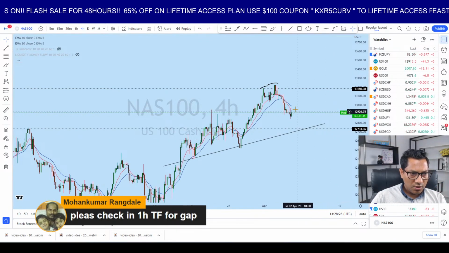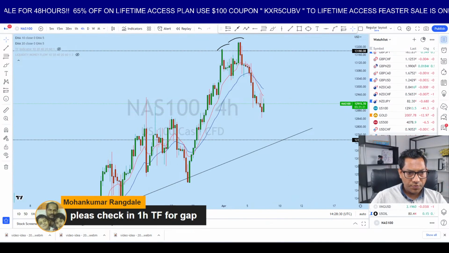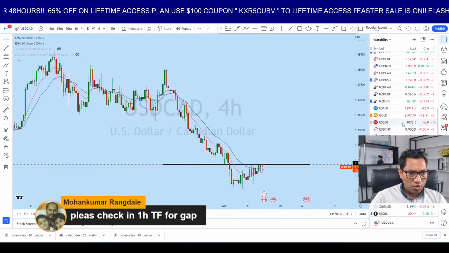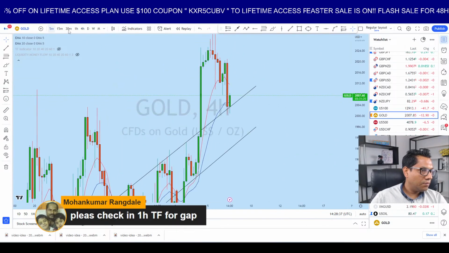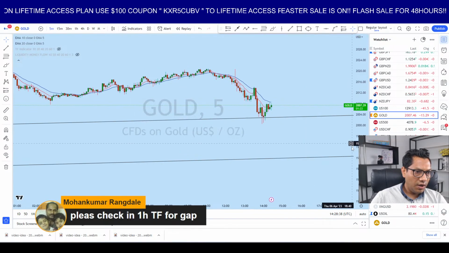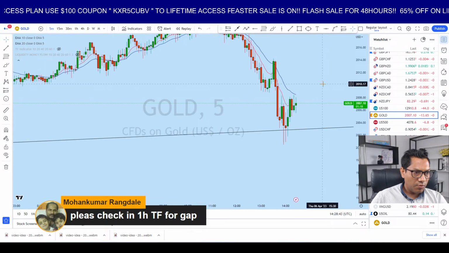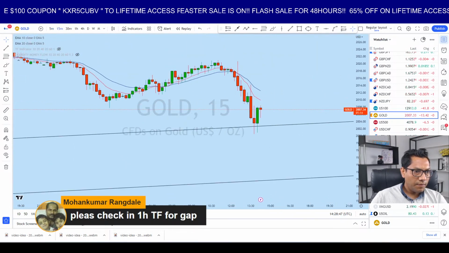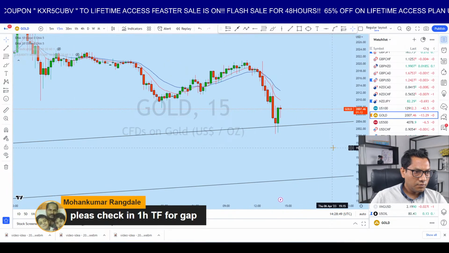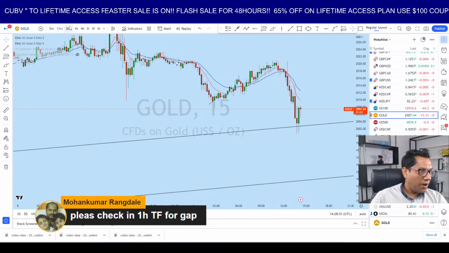It is now consolidating. I think they will also have another drop. With all of them, we see that gold is now picking up, trying to have bullish momentum on this one. I'll keep an eye on all of them.